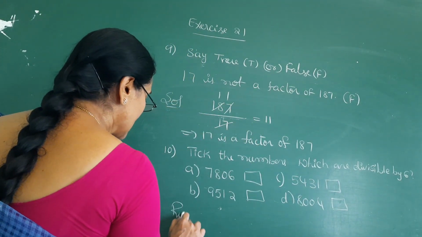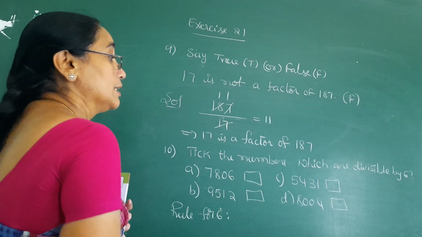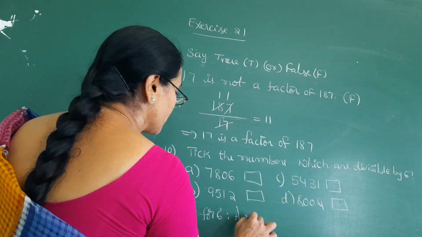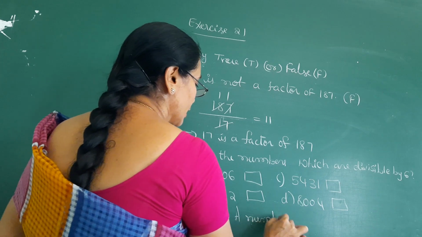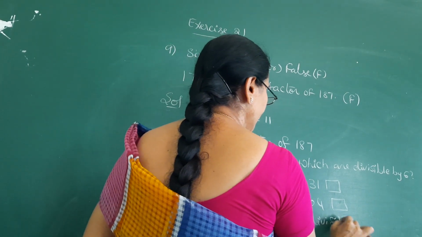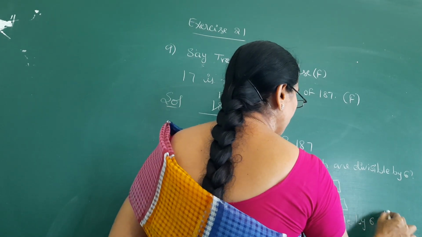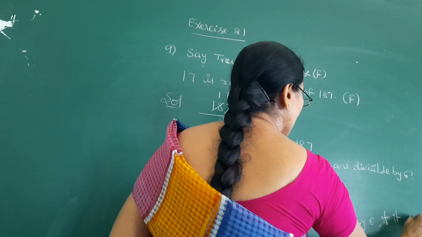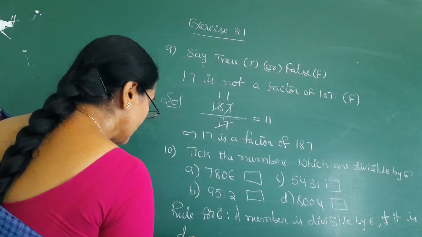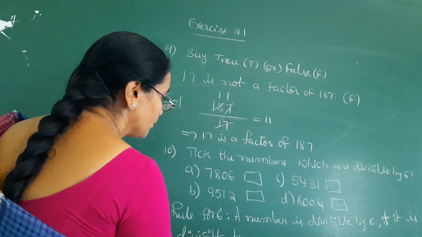The rule for 6 is: a number is divisible by 6 if it is divisible by both 2 and 3.